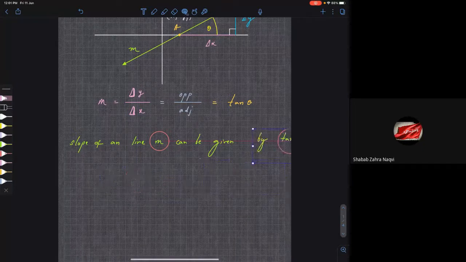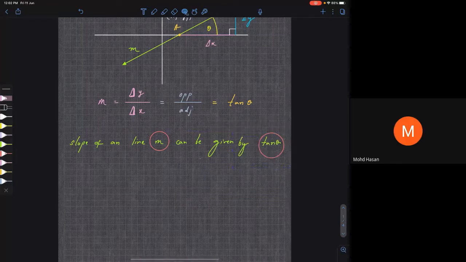Okay, theta is the angle between two lines. Let me just write down.